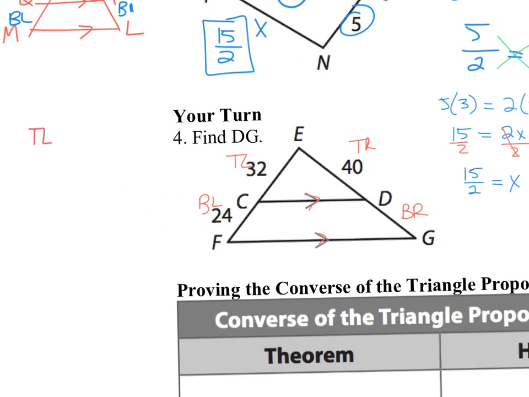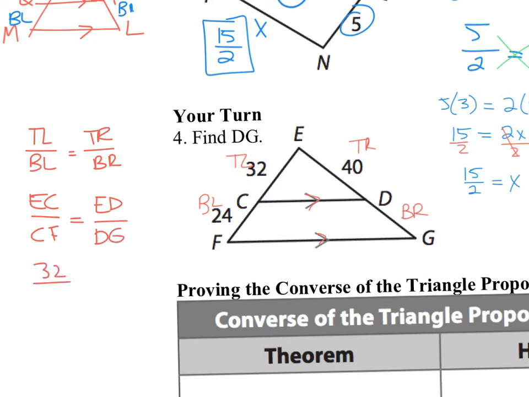So if we set up our proportion, top left over bottom left equals top right over bottom right, then we get EC over CF equals ED over DG. And so that's 32 over 24 equals 40 over X.